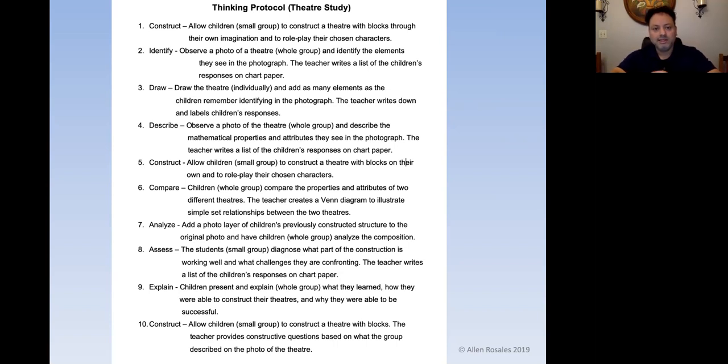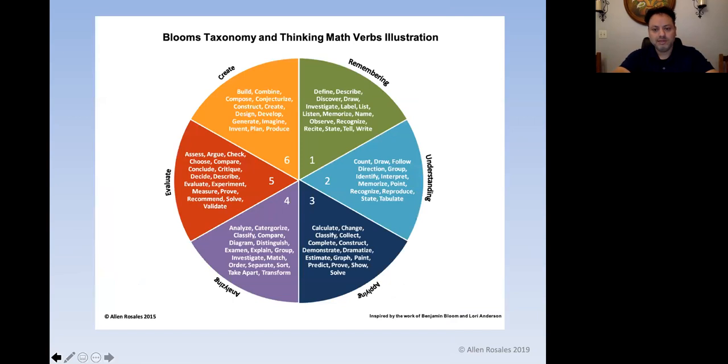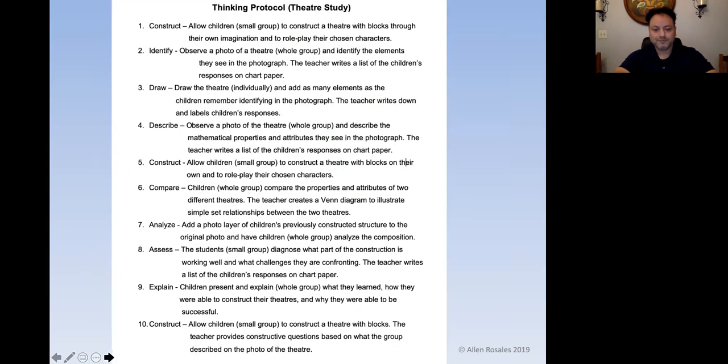This one's called the thinking protocol. And this one is based off of Bloom's taxonomy, the wheel, the thinking verbs. So when you see the wheel, remember I mentioned lower level thinking is stage 1, and then it gets more cognitively demanding when you go up the stages, right? 1, 2, 3, 4, 5, 6, depending on what you're doing.